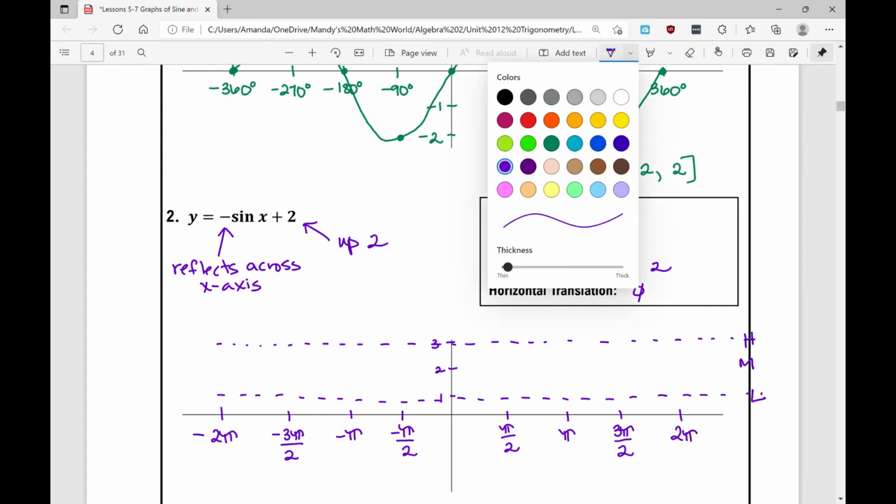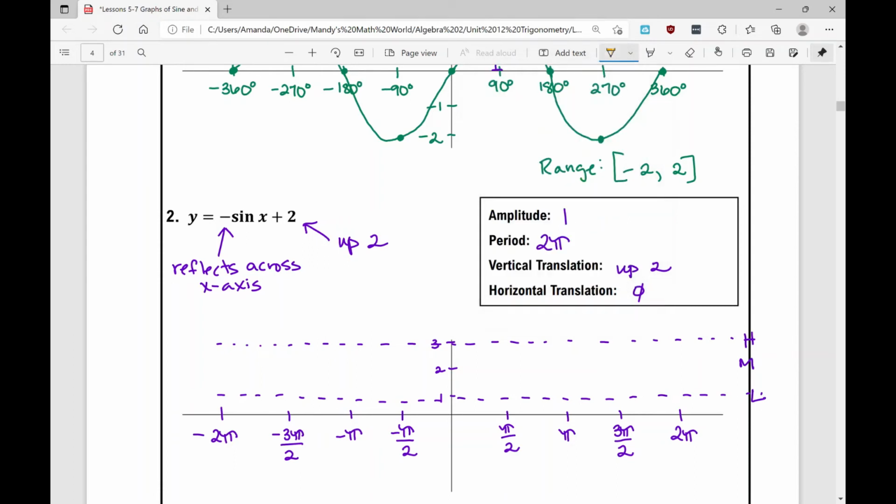So now let's graph this. I'm going to graph it in a different color. We're going to start at what was 0, 0, but now it's going to be 0, 2 because we've shifted the entire graph up 2 units. Now recall, one cycle would look just like that, but since we're reflecting it across the x-axis, we're going to go like this. Okay?